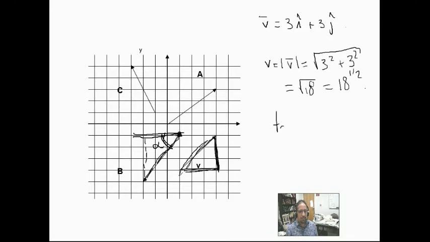So tangent of alpha is the opposite side, which in this case is the vertical component of the vector, 4, opposite divided by adjacent, which in this case is 3, and then alpha is the tangent inverse of 4/3.